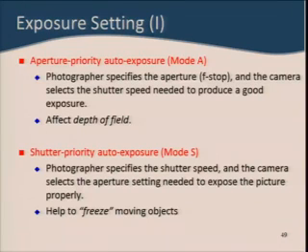So the idea is actually very simple. The photographer specifies the aperture, and you let the camera decide the shutter speed to produce the proper exposure so that you have sufficient brightness.